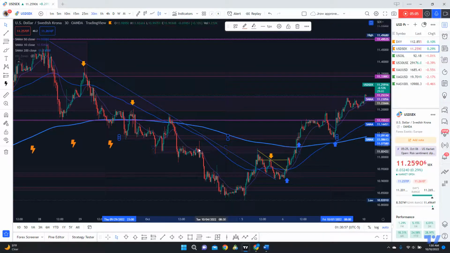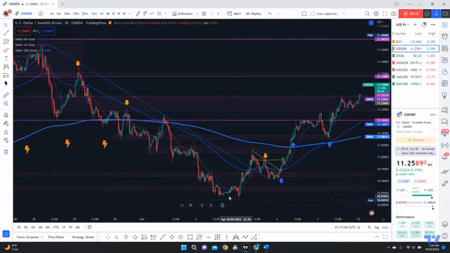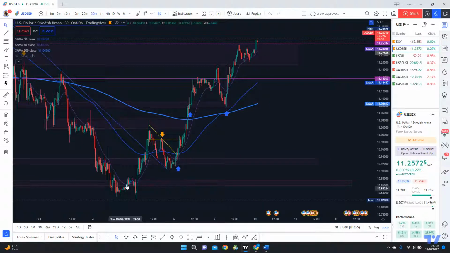Then it created a little zone here, wick back up to that zone, shot through it, bottomed out at 1082. Went back up to the zone. Wick, wick, wick. Shot up to here, back in this area.